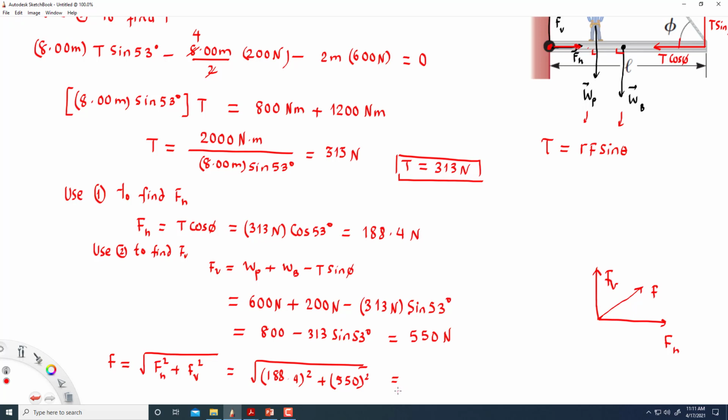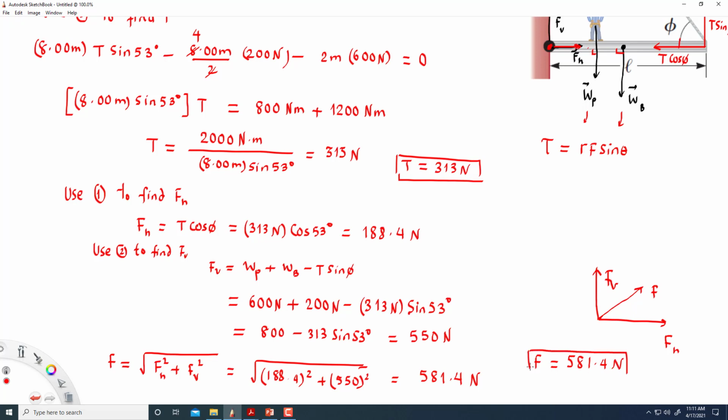So that gives me 581.37, 581.4 Newton. Okay, so the force of the wall, or the total force of the wall on the beam, is 581.4 Newton.